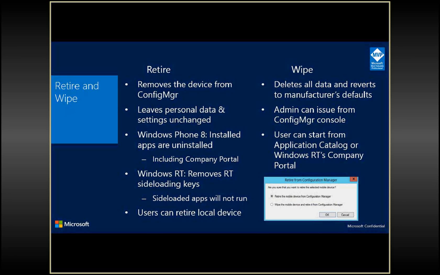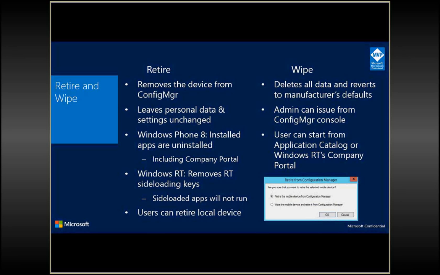With wipe, it deletes all data and reverts the device to manufacturer's defaults. So that is useful when the device is, for example, stolen. And the admin can issue this from the Config Manager console, or the user can start a wipe process from the application catalog.